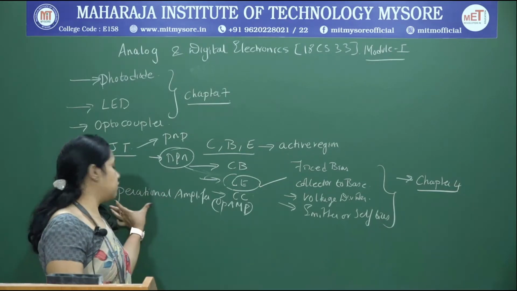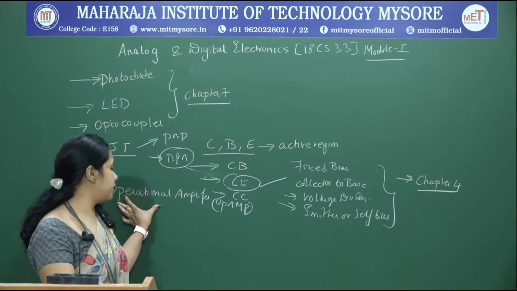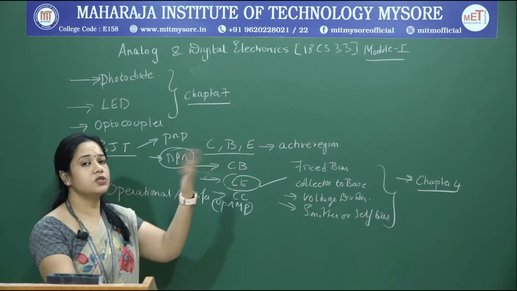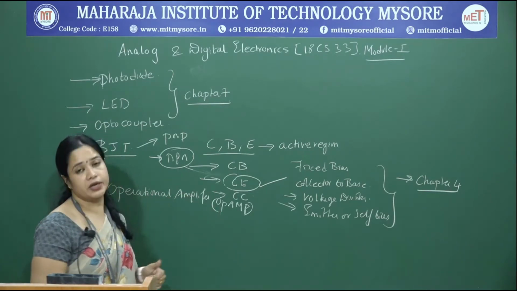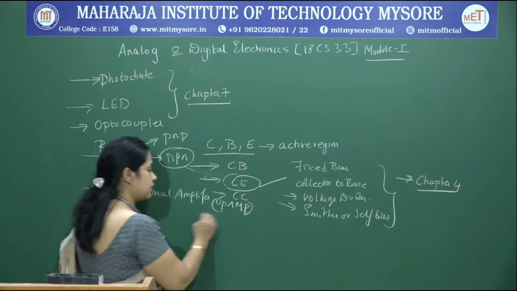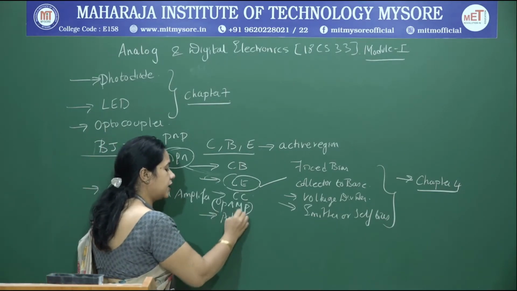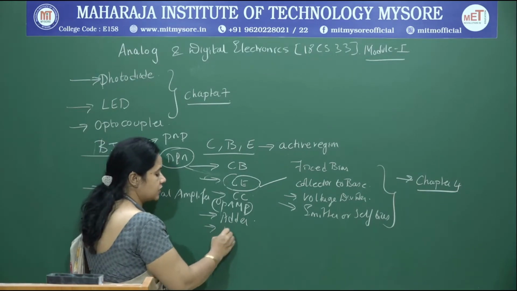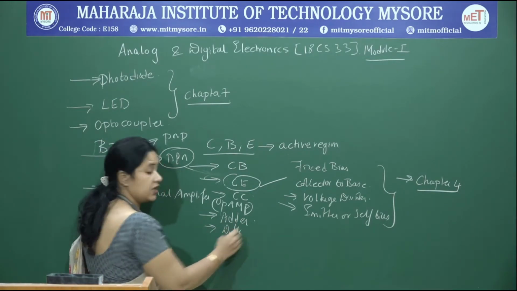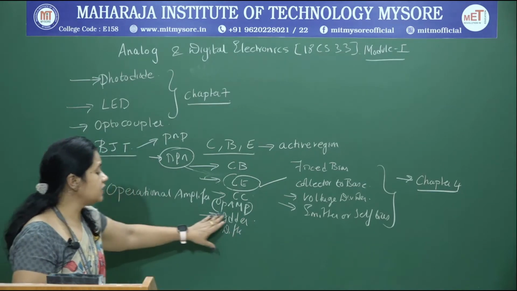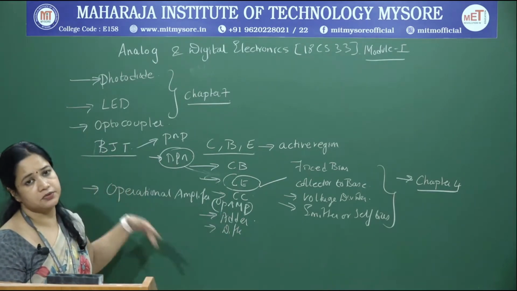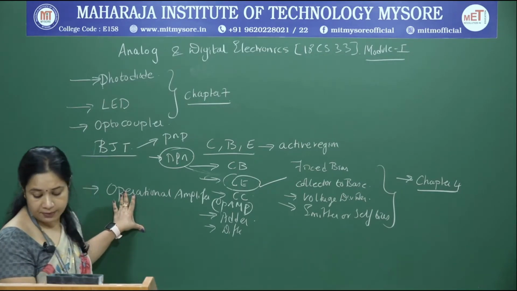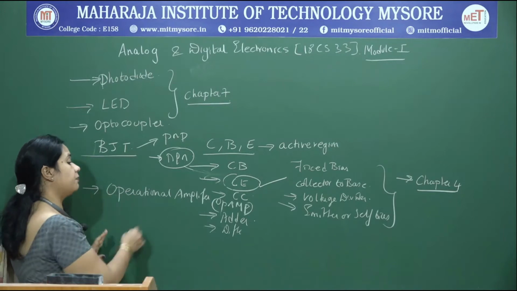We use the term operational with amplifier because it is used to do various operations such as summer; it can be used to add multiple signals. It can be used as a differentiator, it can be used as an integrator, and so on. All these fundamental applications of your op-amp you have studied in your basic electronics, and in this course we will take up advanced applications like peak detector.